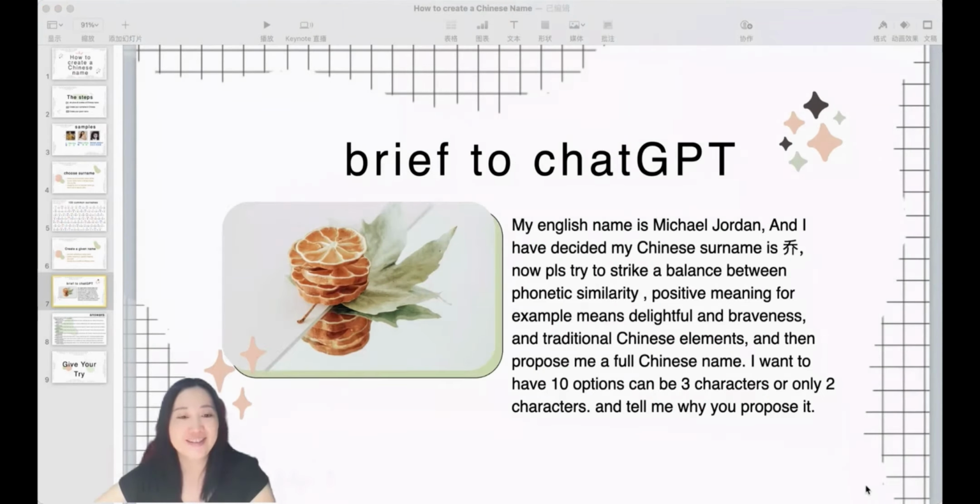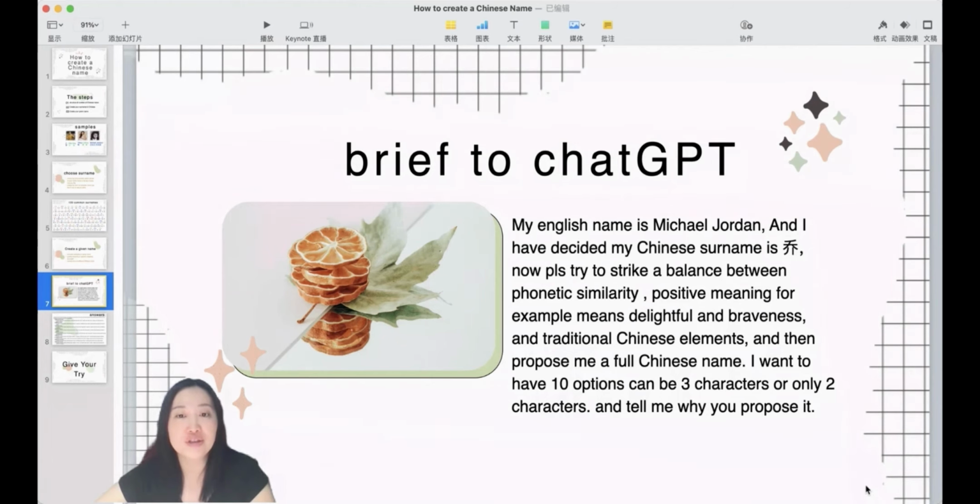So how to complete it? Please brief your ChatGPT. Here's my brief sample. My English name is Michael Jordan, and I have decided my Chinese surname is Qiao.